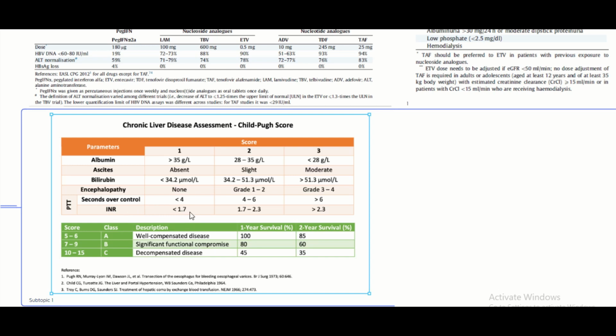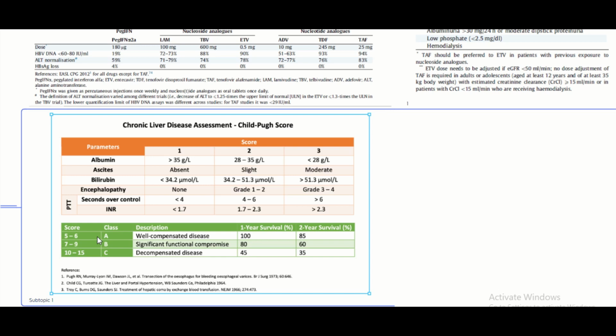Then when we get to cirrhosis, we have chronic liver disease assessment, which is the Child-Pugh score. The Child-Pugh score is used as a prognostic value. This prognostic value is important for our patient with cirrhosis to know when to start more heavy monitoring.